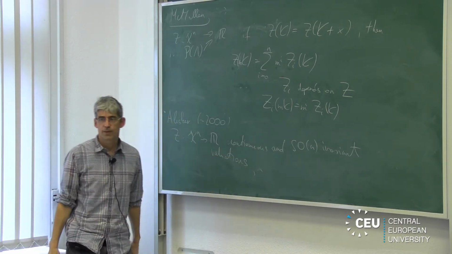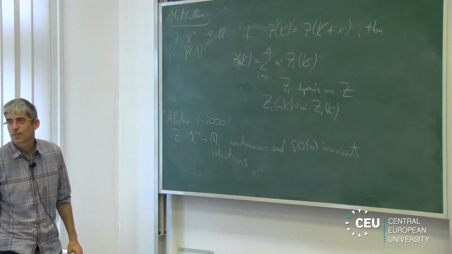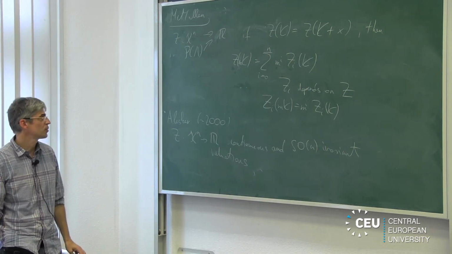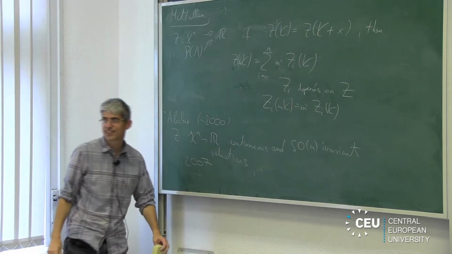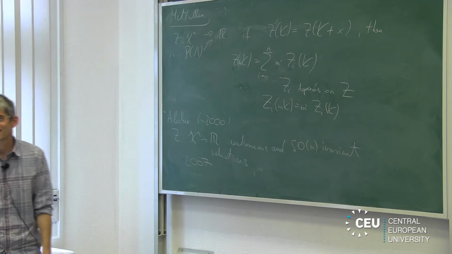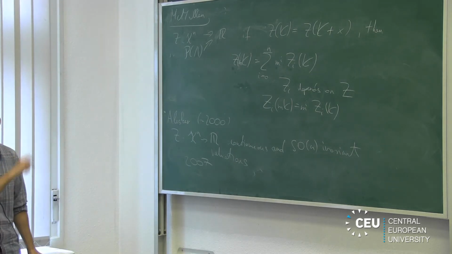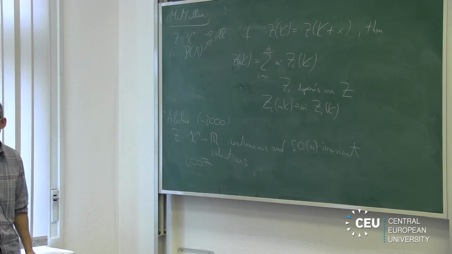It appeared in the Annals, but just to see how difficult the theorem is, an erratum also appeared in the Annals in 2007. The first version of the proof contained a gap, and then he corrected it.